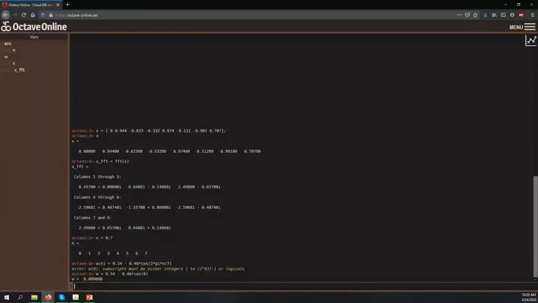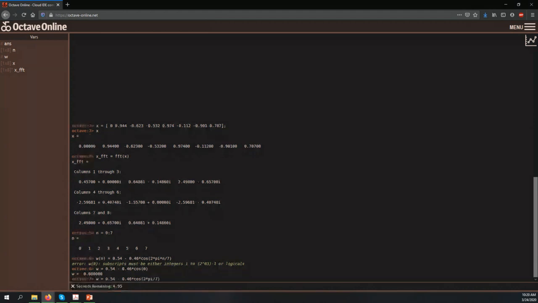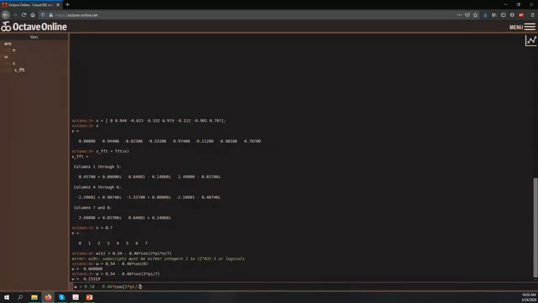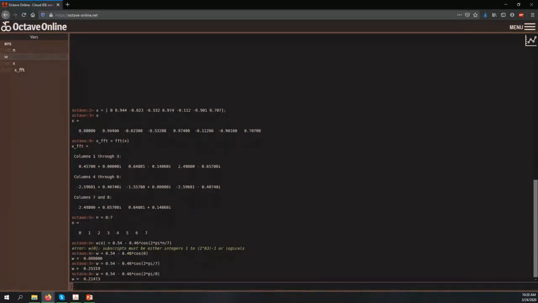Right. Then if I put it here with 2 pi divided by 7, no, divided by 8.